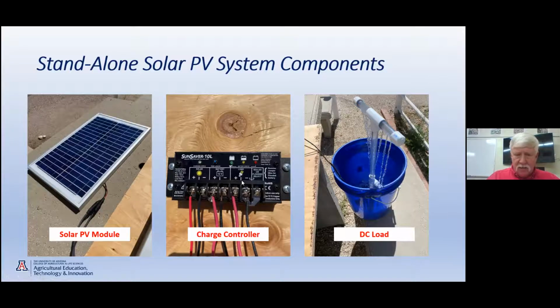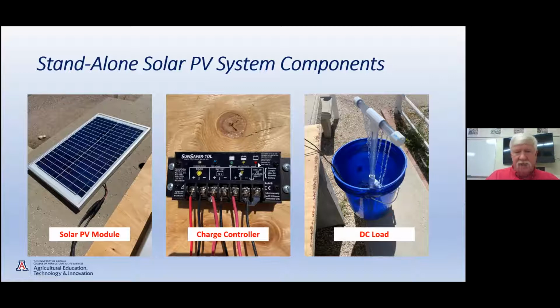So again, if we take a look at this solar charge controller, we see that we have two leads coming into the charge controller. This is from our solar, so we have our positive and negative lead. And then we have two that are going to our battery, our positive and negative, and then we have two going to our load. In this case, it's a DC load. And then the LEDs tell us the state of charge of the battery.